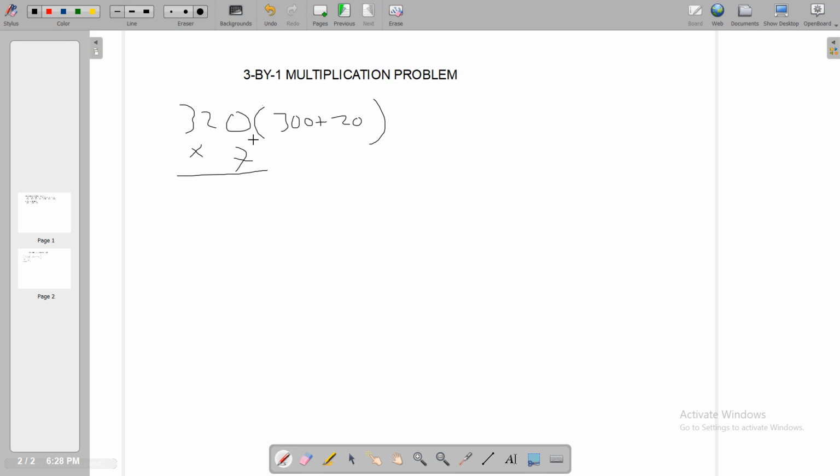Now that you have this, you have to break this one down. So here I'm going to multiply. Who can tell me what to do now? What is the next action? So we are multiplying this. Okay, so 300.